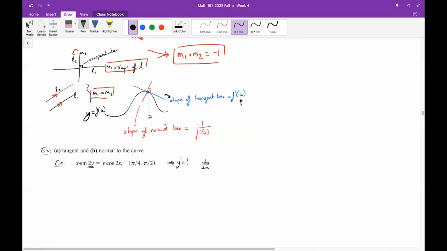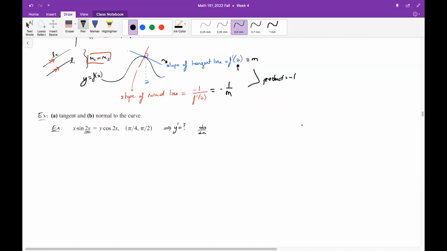Its slope has to be this expression, so that if you multiply these two, you obtain -1 because they are perpendicular. If you express this as m, then this is obviously -1 over m, so that the product becomes -1.